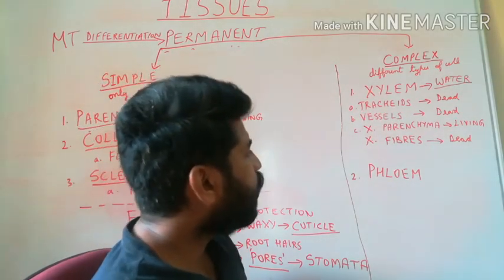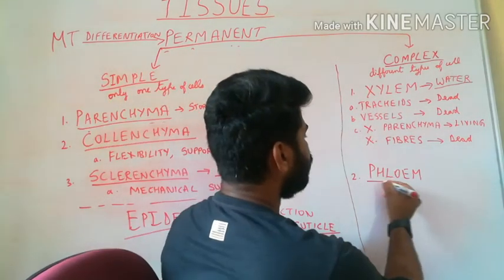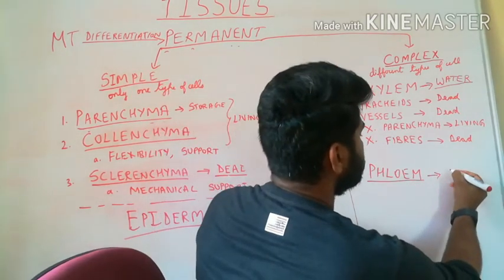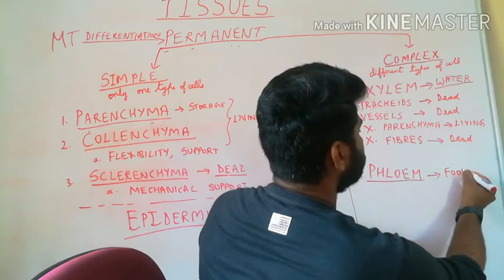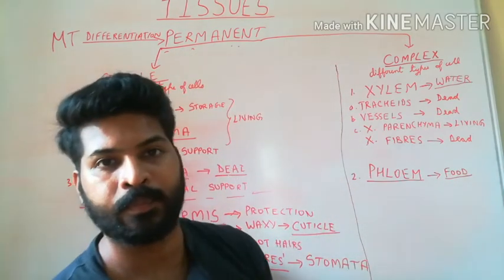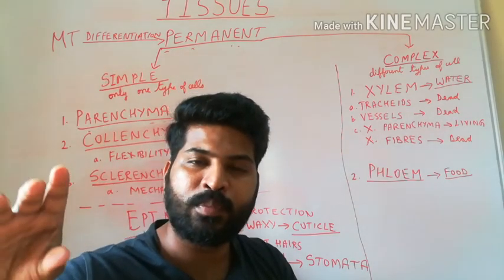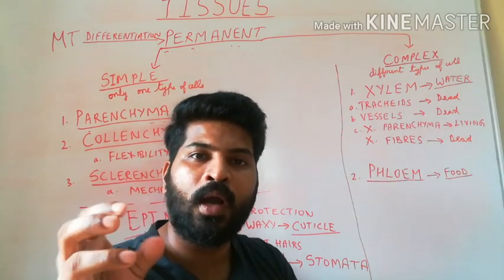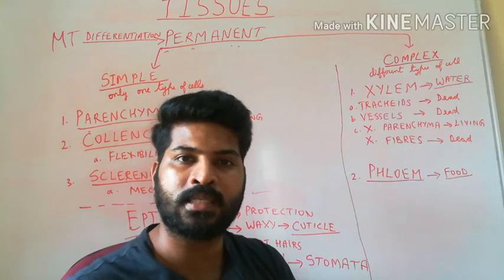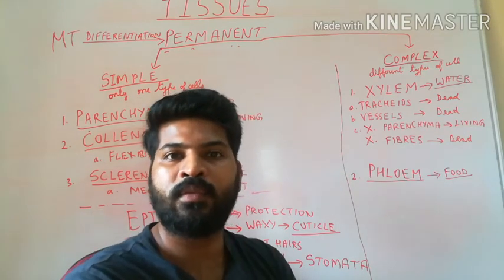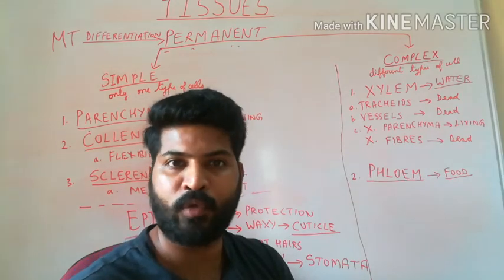In the case of phloem, there are 5 types of cells. Phloem tissue is mainly for transportation of food. The food prepared by the leaves must be transported from the leaf to other parts of the plant, such as stem, roots, and some other older parts of the plant which cannot perform photosynthesis.